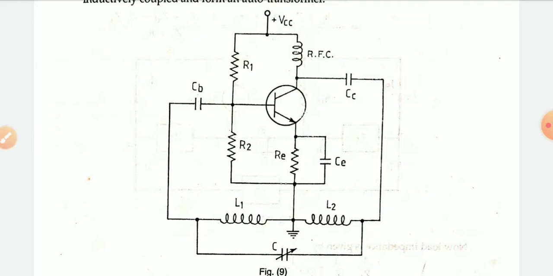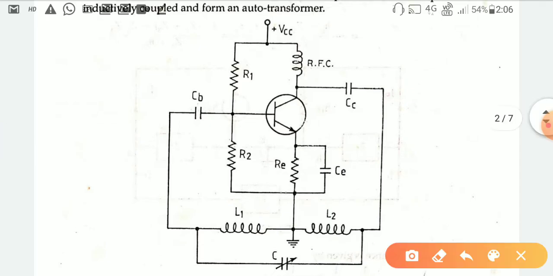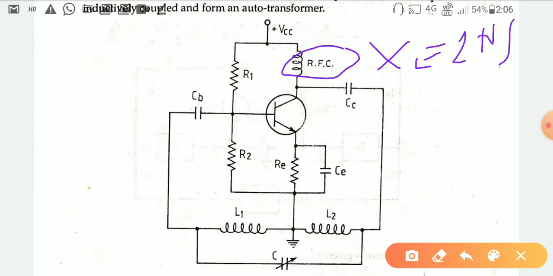If the RFC inductor works for the DC condition, that is from the biasing point of view, then the impedance will be ideally 0, or a very low impedance value. That means it works just like a short circuit. But for AC, the RFC works as a high impedance value, because we know that XL is equal to 2 pi FL.